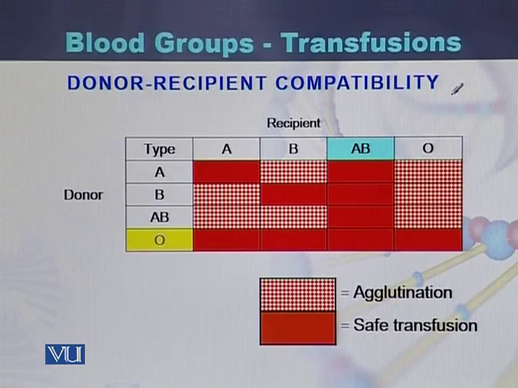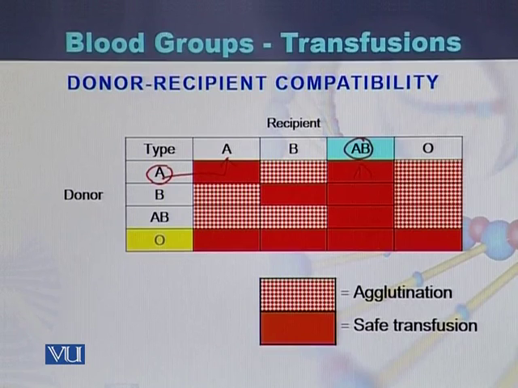In this diagram, we can understand how to check which is the donor and which is the recipient. Blood group type A can be donated to A, as well as to AB. So the red color shows that A can be donated to A and A can be donated to AB.